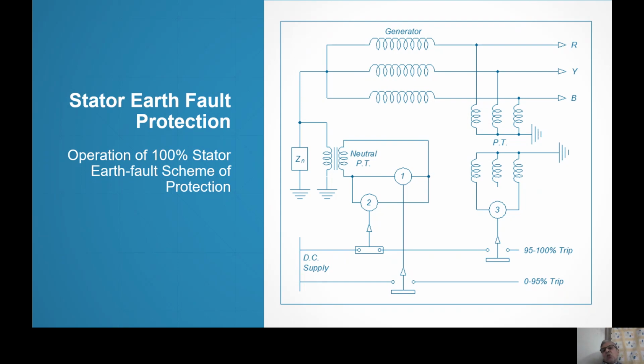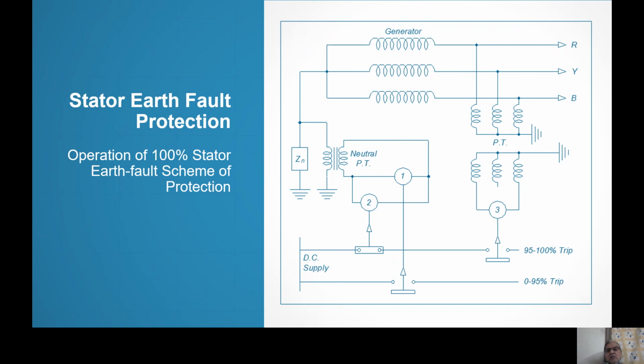If the fault is in the remaining 95% towards the terminal, then number 1 will operate. Consider 0% as the terminal, and 95% towards the neutral. That trip signal will go and class A trip will be initiated.